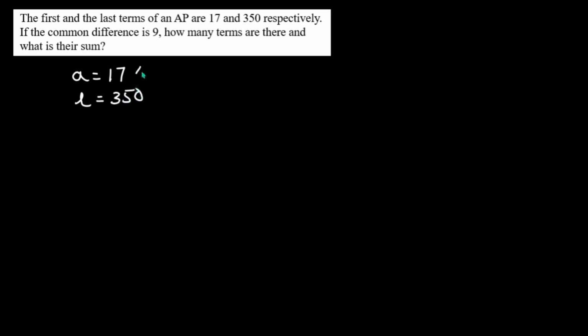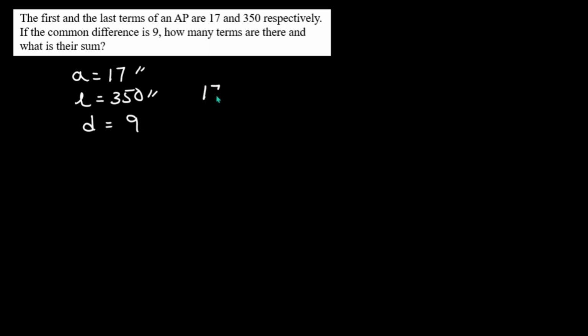So we know the first term and the last term. What is the common difference? It is 9, right? So we can write this series here actually. If you know the first term and the common difference, you know the series.